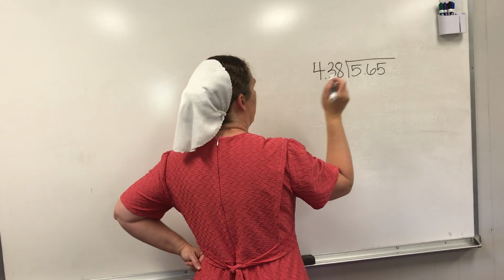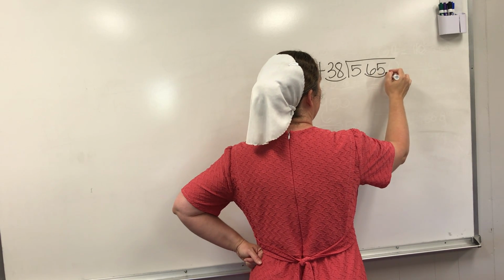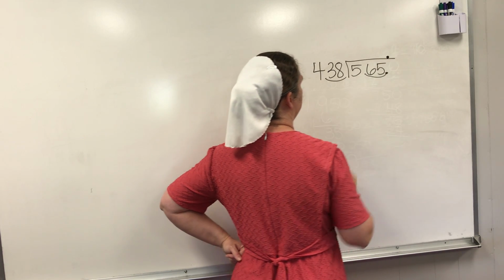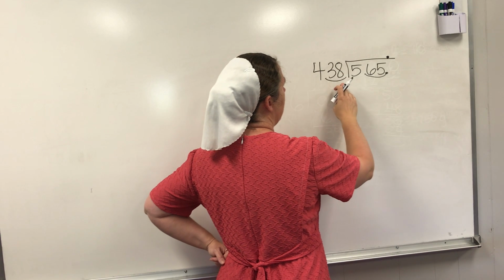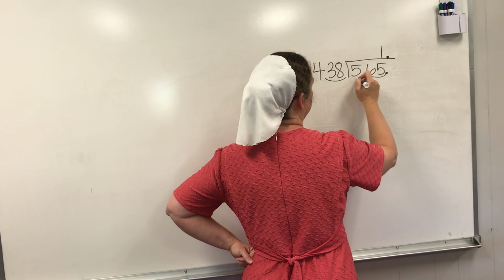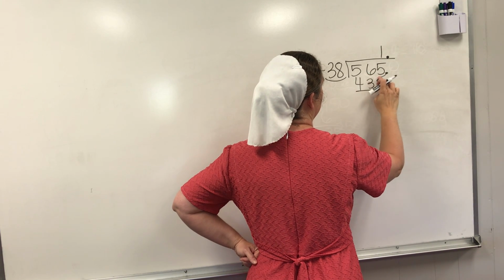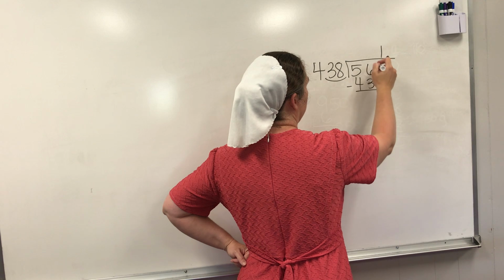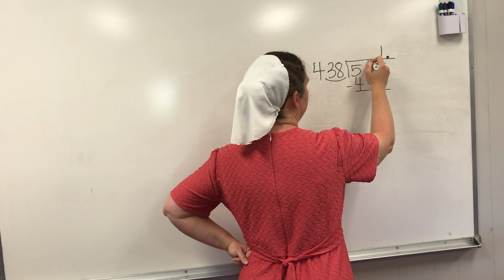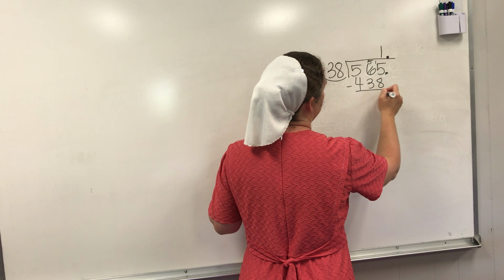Okay? Remember, first thing you need to do is move your decimal points over. Decimal point goes here and up here. 438 into 565 is only going to go 1 time. Need to subtract. All right, borrow. 15 take away 8.